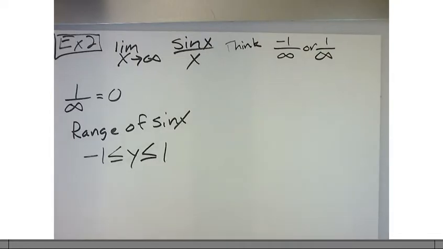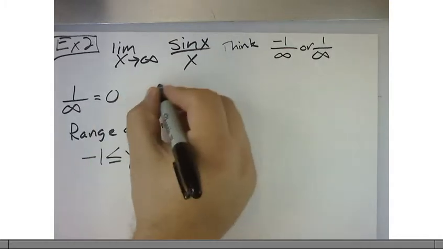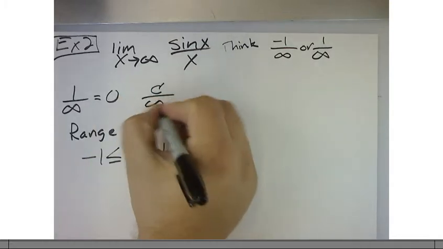There are numbers in between, it could be 0, 1/2, or 2. So when we think in terms of infinity, any small constant over infinity will equal 0.